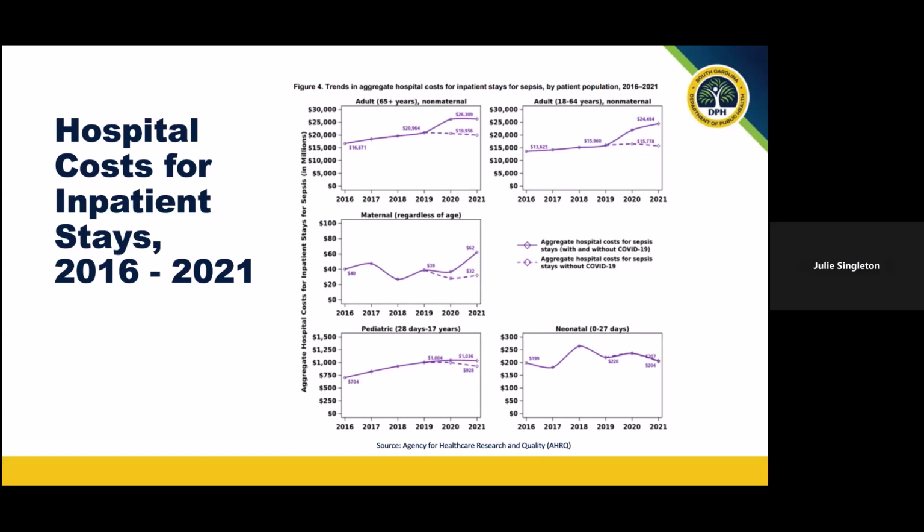And then just to note that in 2020, the largest proportion of aggregate hospital costs for maternal sepsis stays was 60.1%. And it's just talking about how they were billed either through Medicare or Medicaid or private insurance.